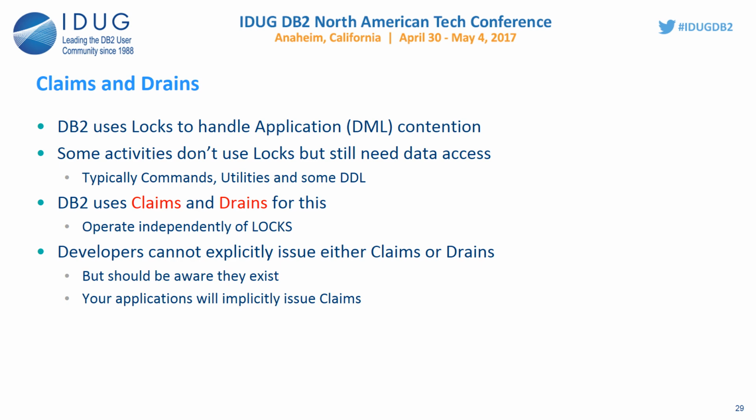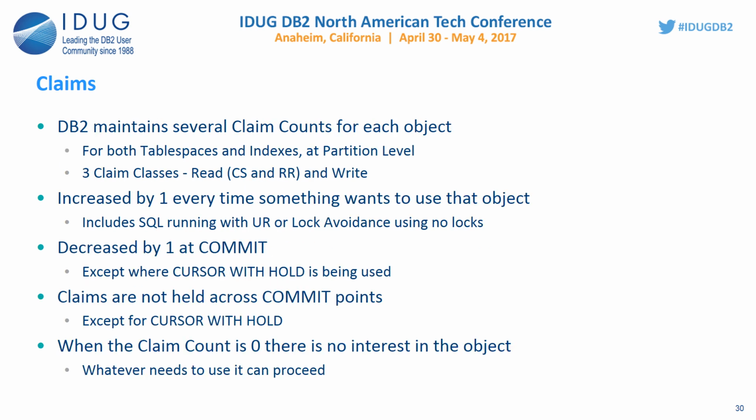So these are what claims are. If you imagine a tablespace with 1 million pages in it, and you've got page level locking. DB2 needs to know if a utility comes in, whether there's a lock on any of these pages.